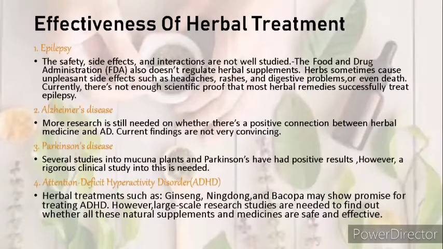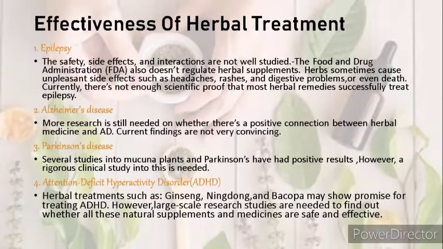Then, on the effectiveness in Alzheimer's disease, more research is still needed on whether there is a positive connection between herbal medicine and AD. Current findings are not very convincing. In Parkinson's disease, several studies into mucuna plants and Parkinson's have had positive results.